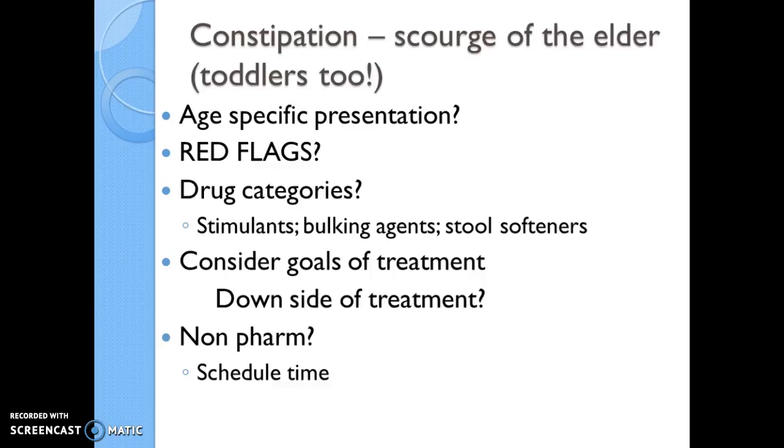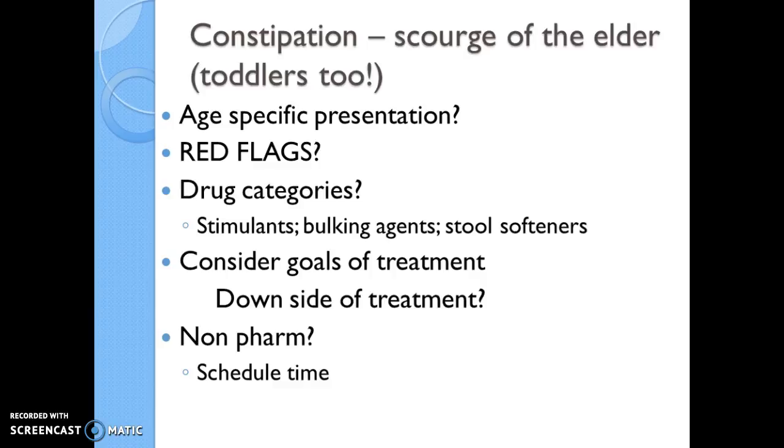Bulking agents, of course, just put artificial fiber or bulk into the stool. We do prefer actual dietary fiber, but these agents can work, and they increase the bulk of the stool, thus causing stimulation to occur of the bowel wall and thus the muscle contraction, and they bring more water into the stool.